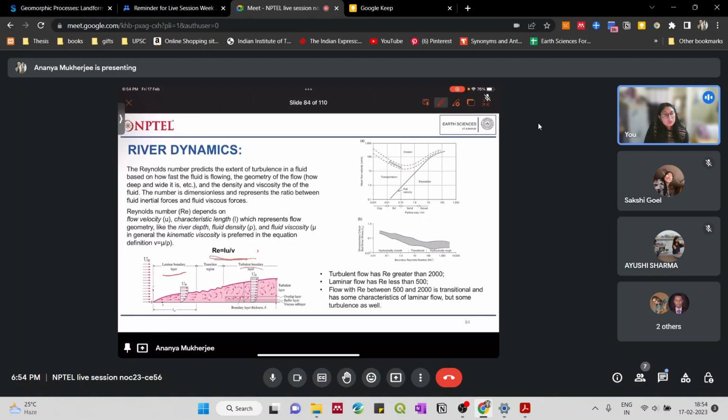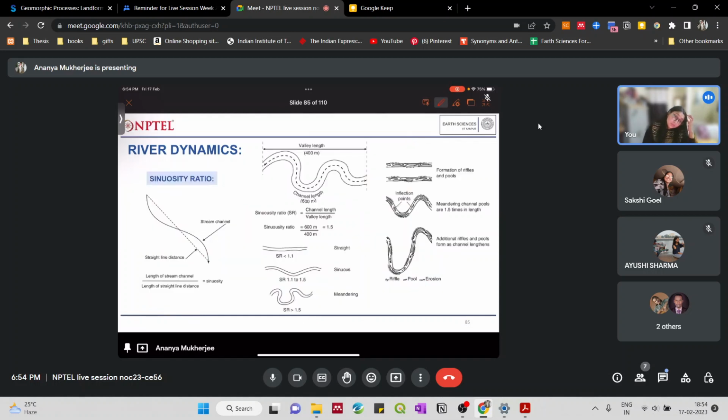And again, using the Hjulström-Sundborg diagram that we discussed before, you can see that the Reynolds number is also going to affect the kind of process that is happening, like erosion, transportation or deposition. For the boundary Reynolds number, if it is lower, then it is hydraulically smooth; in between it's transitional, and then it's hydraulically rough.